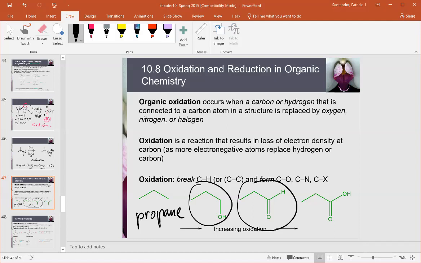That is an aldehyde because we have a COH group. And then finally, we can go yet to one more oxidation state, higher, and we form propionic acid. That is the acid that is responsible for the smell of the Swiss cheese, propanoic acid.